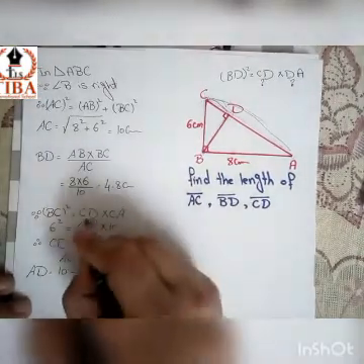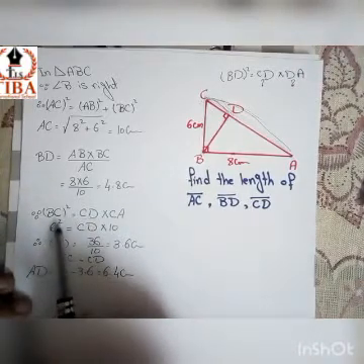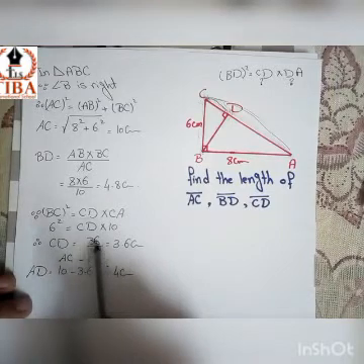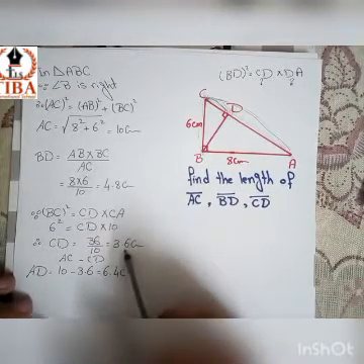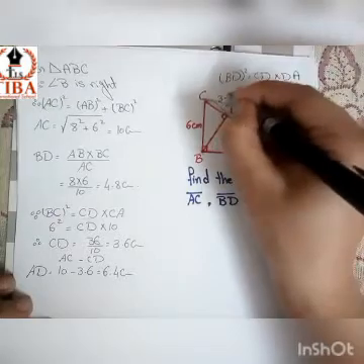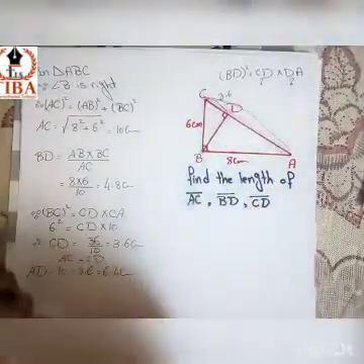To find CD, we divide 6 power 2 by 10. 6 power 2 equals 36, divided by 10, so CD equals 3.6 centimeters.